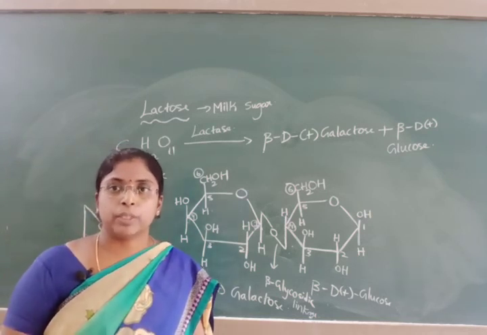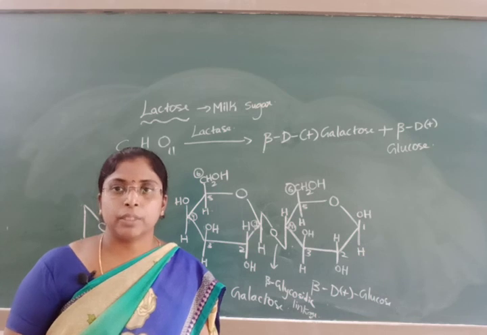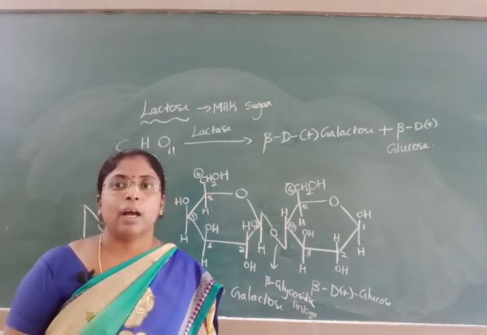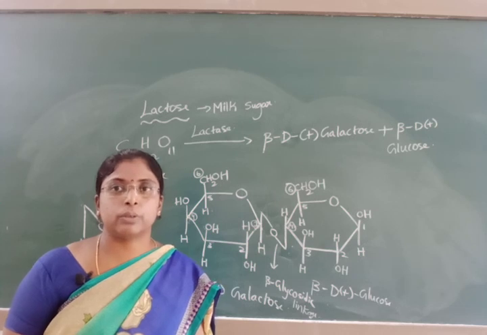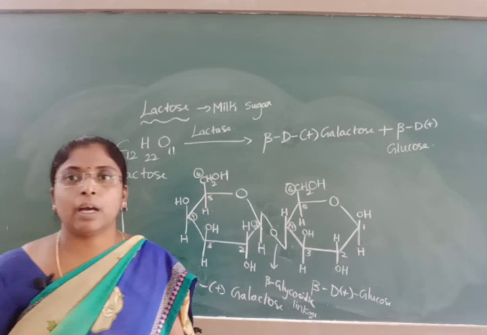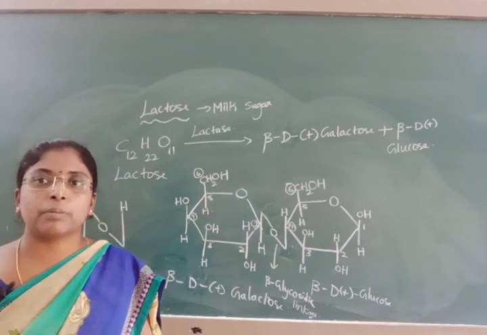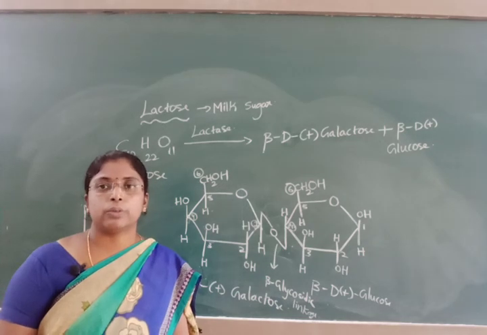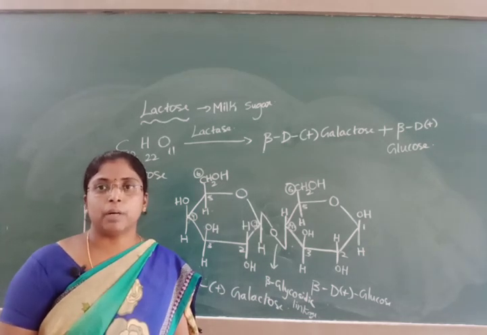You should know the open chain structure. If you know the open chain structure of glucose and fructose, you can write the Haworth structure for glucose and fructose, alpha form as well as beta form. Combining the Haworth structures in terms of alpha beta forms, you can write the Haworth structure for sucrose, lactose as well as maltose.